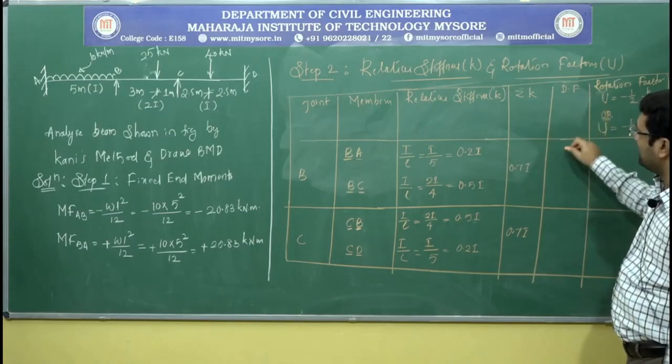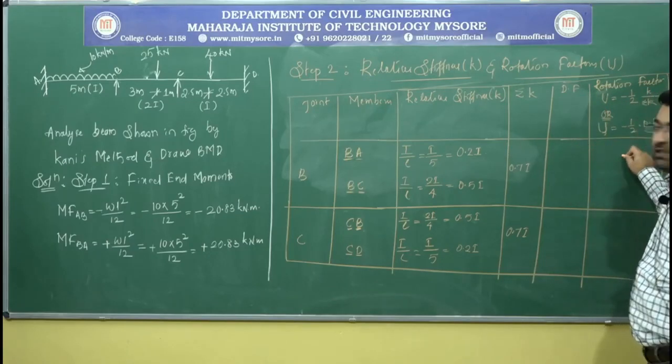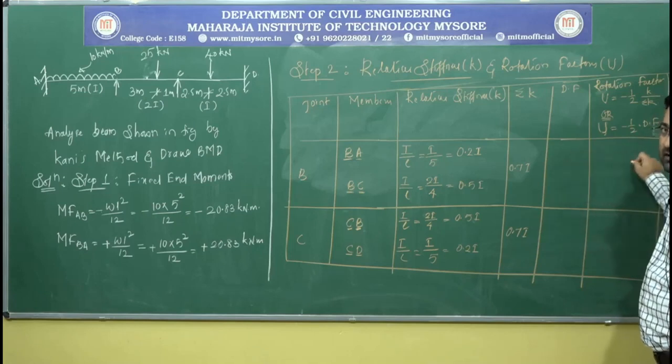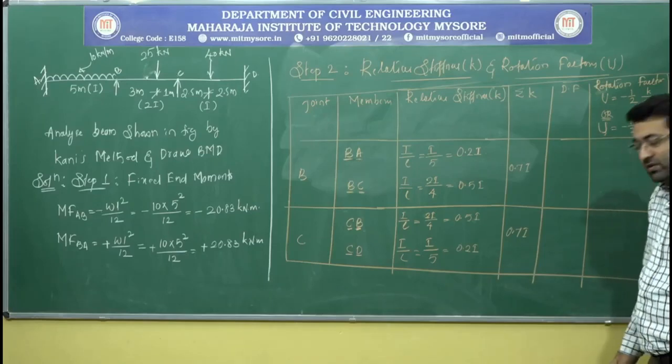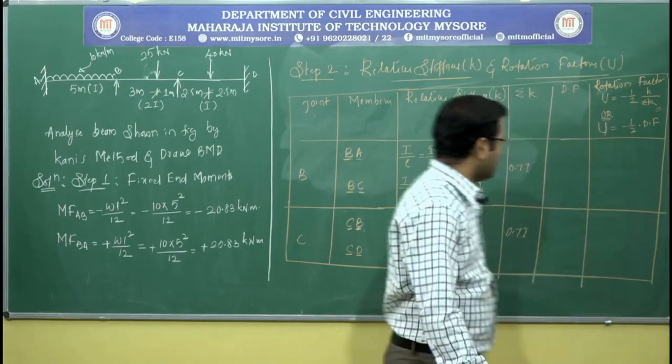You can calculate this, or you can directly calculate the rotation factor as per your convenience. If you calculate the distribution factor, then minus half of the distribution factor is nothing but the rotation factor, or else you can use this formula directly to calculate the rotation factor. It is up to your convenience.